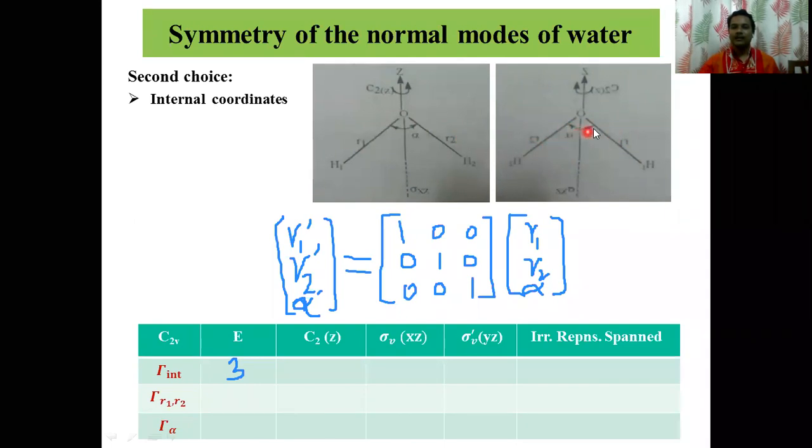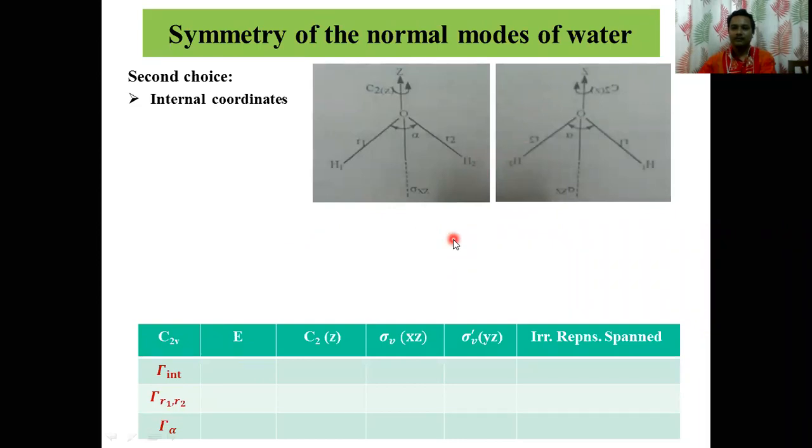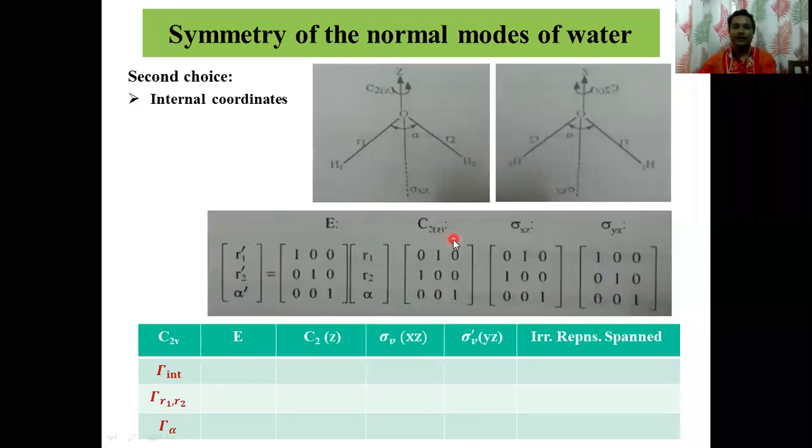Of course alpha remains alpha, that is not going to change anything, right? So if I want to make matrices for this, I should have the matrix representation, again a 3 by 3 matrix, right? Let me get this. So this can give you the idea.